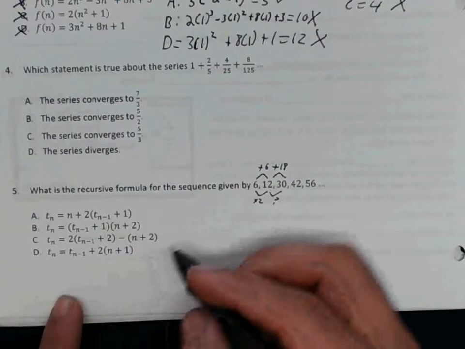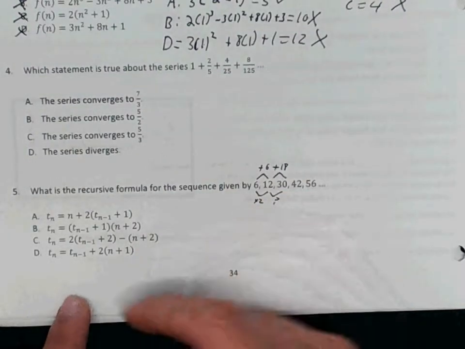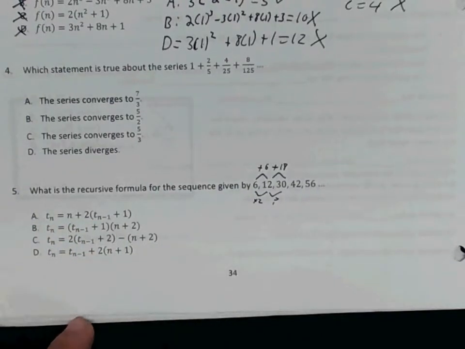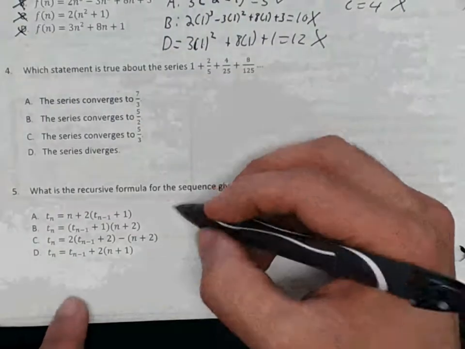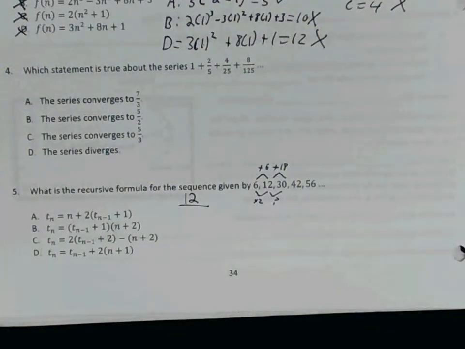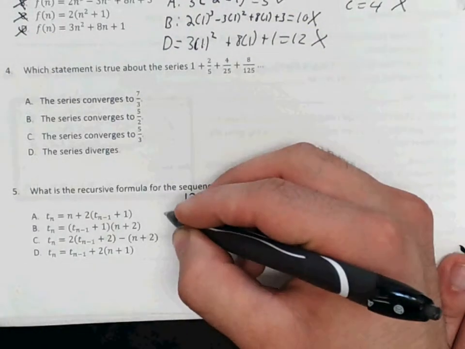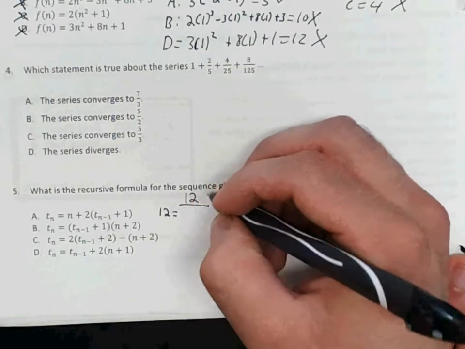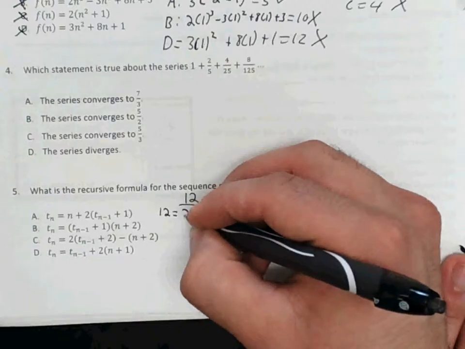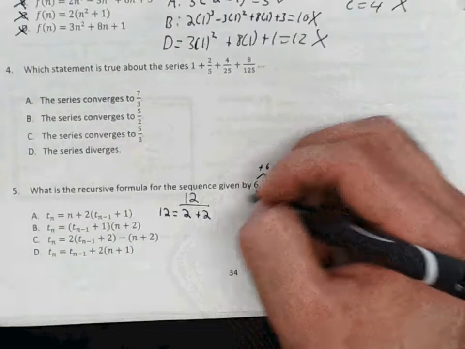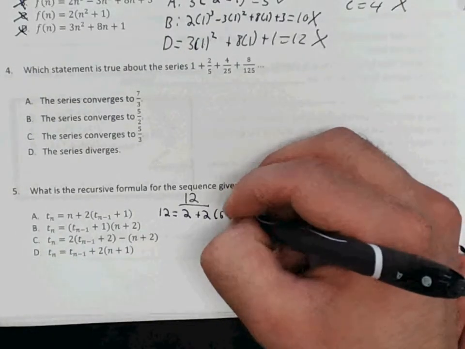So let's look at A. Tn is equal to the current number plus 2 times the previous term plus 1. So we'll have to evaluate this at 12 first. To evaluate this at 12, we can say that 12 is equal to 2, because it's the second term, plus 2 times 6 plus 1.